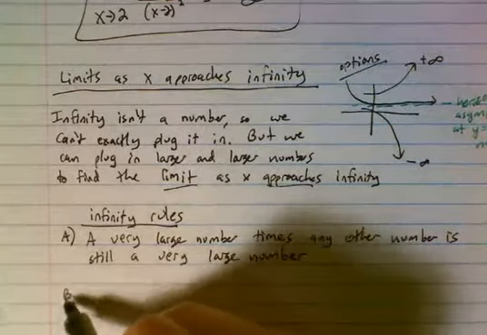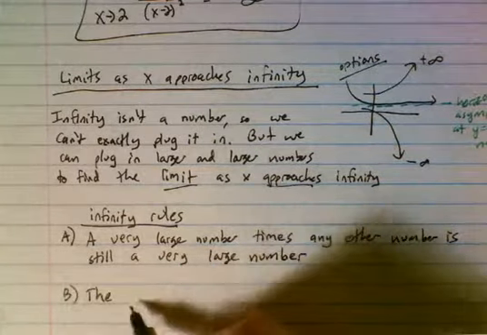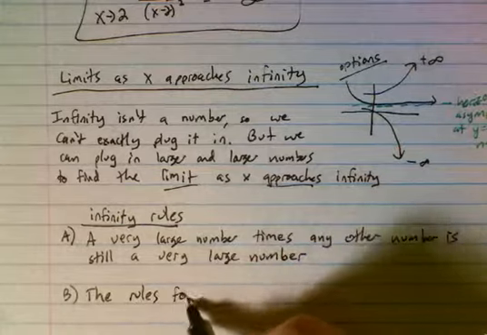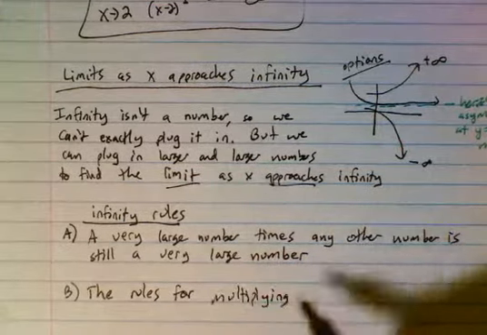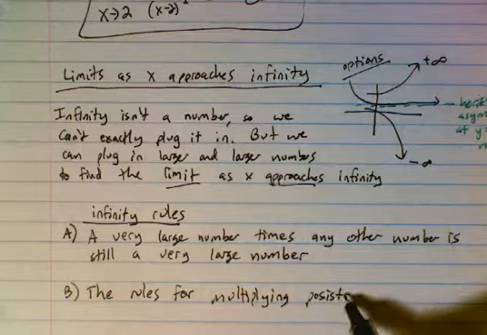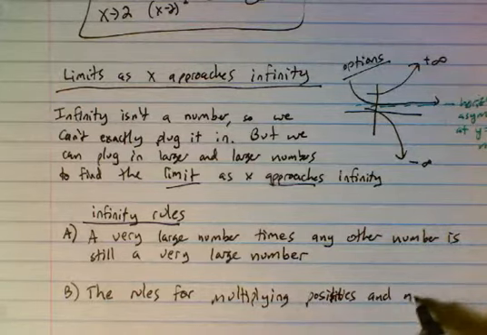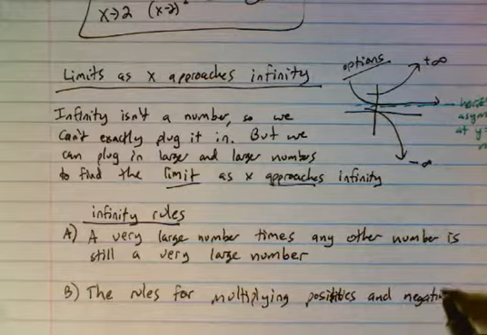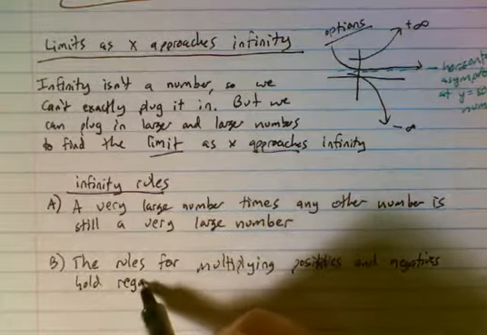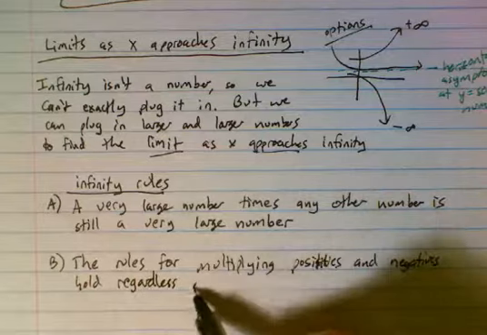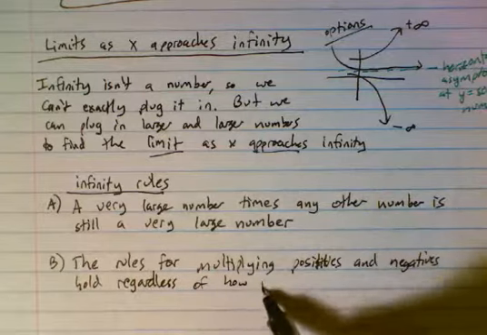And in fact, the rules for multiplying positives and negatives hold regardless of how big the numbers are.